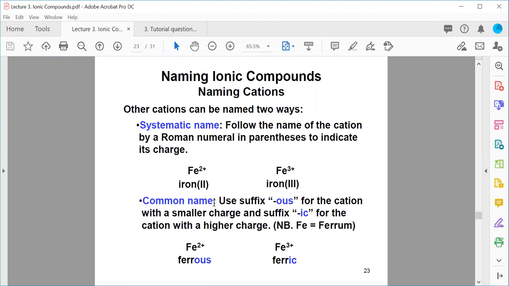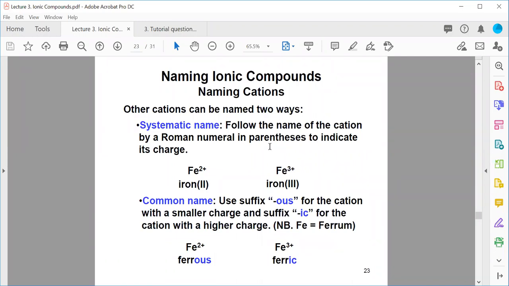It would be useful if you know both systems because they both are commonly used. All right, so let's look at the systematic naming system. So here we name the ion simply by following the name of the cation with a Roman numeral in parentheses to indicate the charge on that cation.